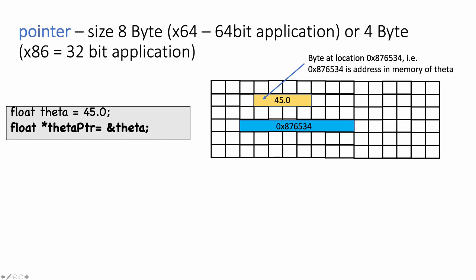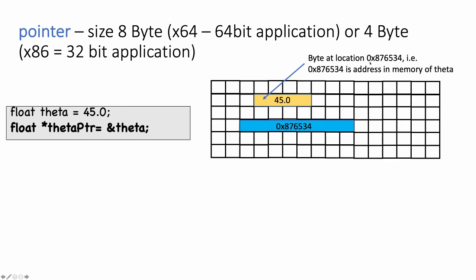So here, for example, I'm creating a floating point type. I'm giving the variable the name theta, and I'm setting its value equal to 45. So what's going to happen is the compiler is going to set aside some spot in memory for that variable, and that spot in memory, remember, it's going to have some location somewhere between 0 and the high address.